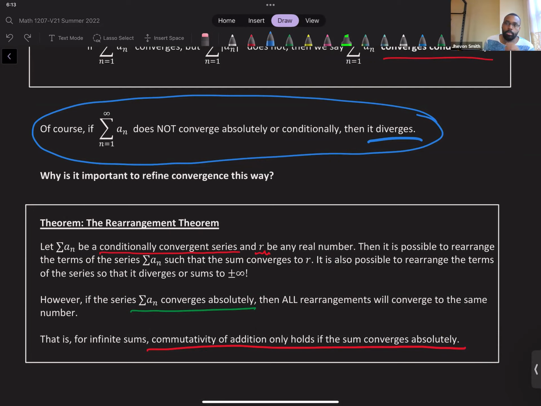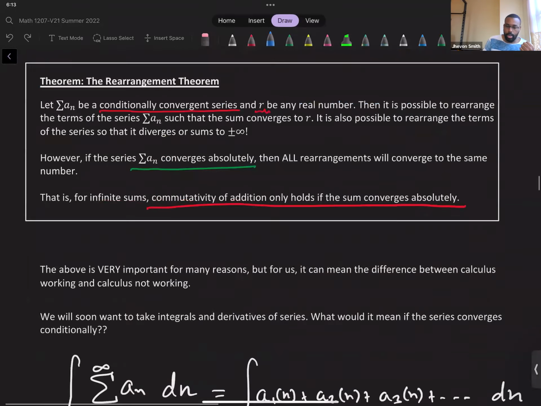You have complete commutativity of addition, and you can treat an infinite sum like a bona fide mathematical object. We can do calculus with it, we can integrate it, we can differentiate it, we can take limits of it, because it behaves just like a real number, just like a real sum. Conditionally convergent series are not like that.